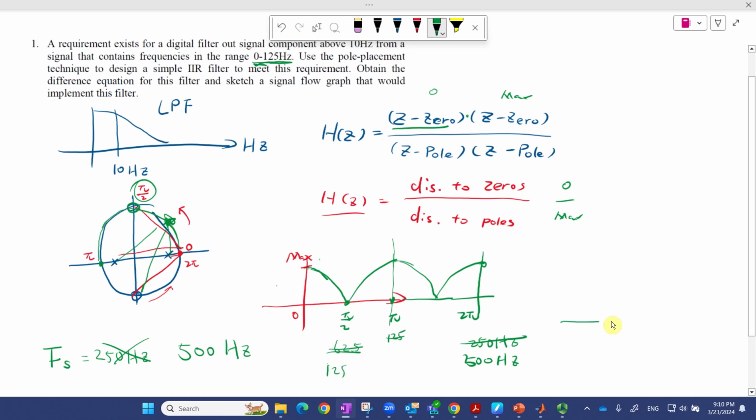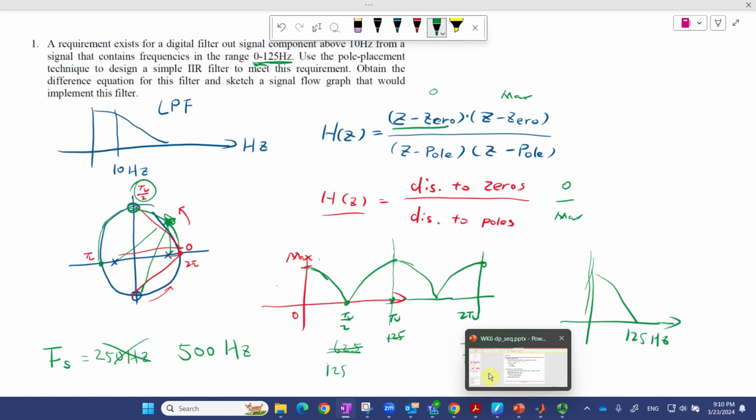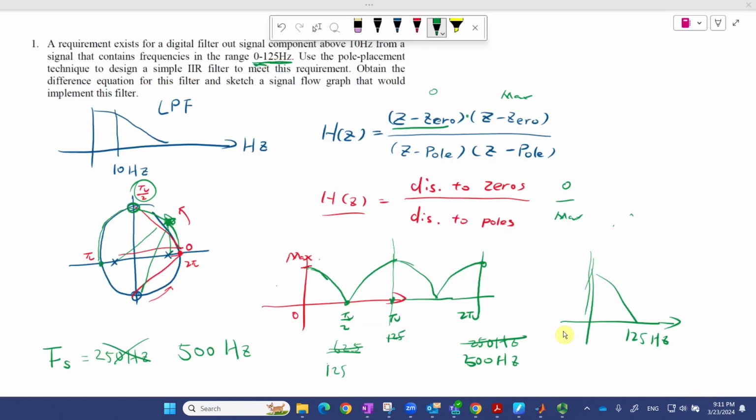Let me draw that again. So if that's the case, we have this 125 hertz, which can satisfy our requirements. Okay, so we know the sampling frequency now.